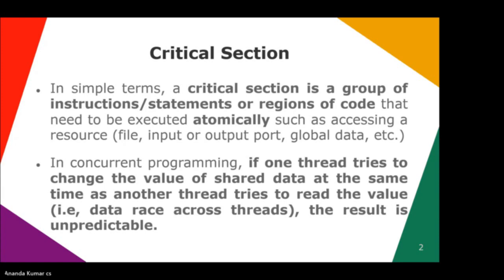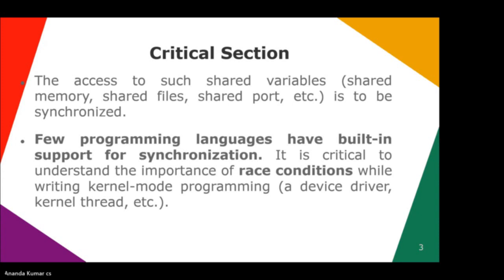In concurrent programming, you know very well, there is simultaneous execution of threads or processes. One process is reading the value while another process is executing, so the result will not be predictable. The shared variable needs to be synchronized.